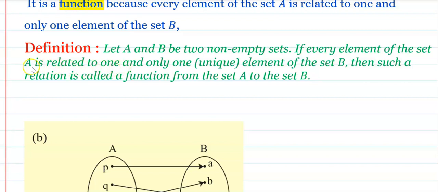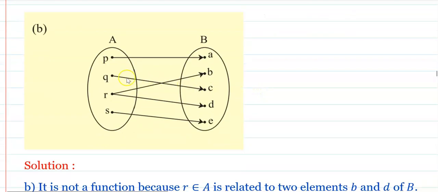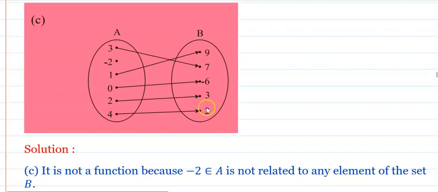That is, every element of the set A is related to one and only one unique element of the set B. Here uniqueness is not observed because the image of R is different, that is B and D, and hence it is not a function.